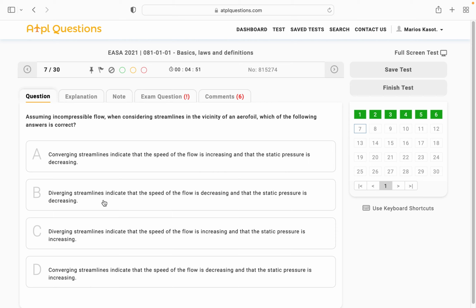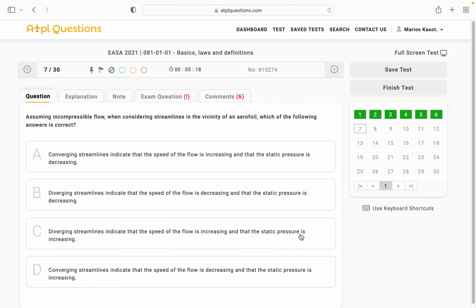Diverging streamlines indicate that the speed of the flow is decreasing and the static pressure is decreasing. No, static pressure is increasing when the lines diverge. The first section is correct, but this is totally wrong. Diverging streamlines indicate that the speed of the flow is increasing, incorrect, and the static pressure is increasing.